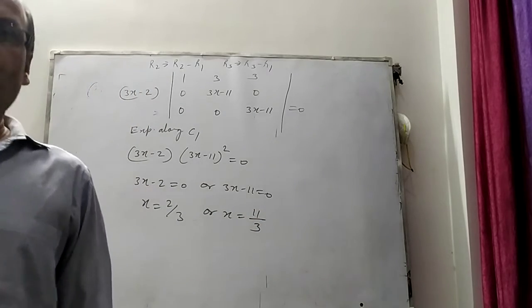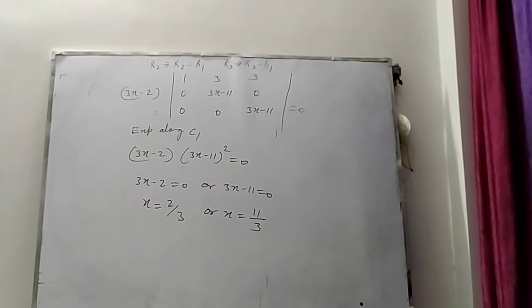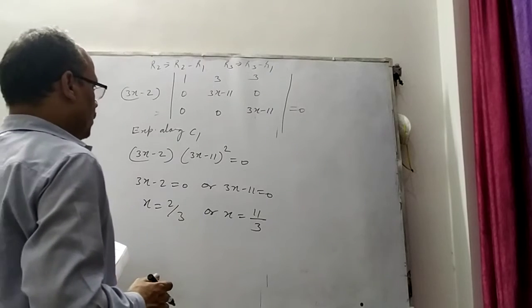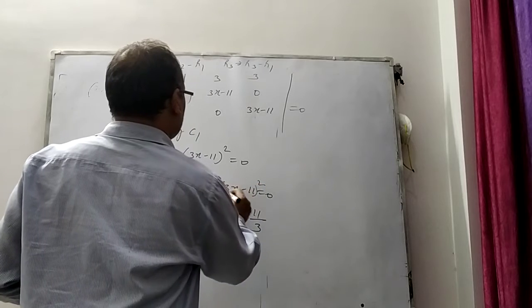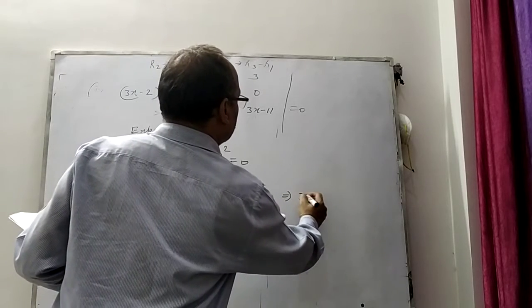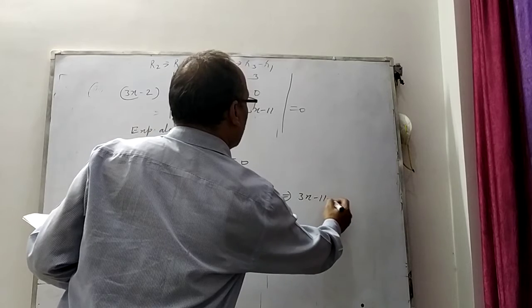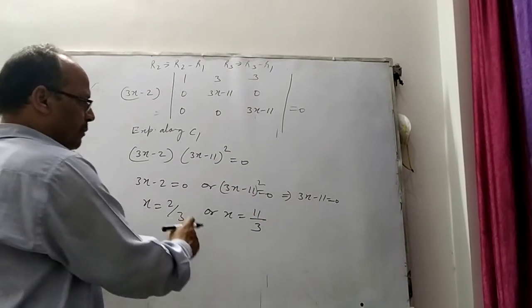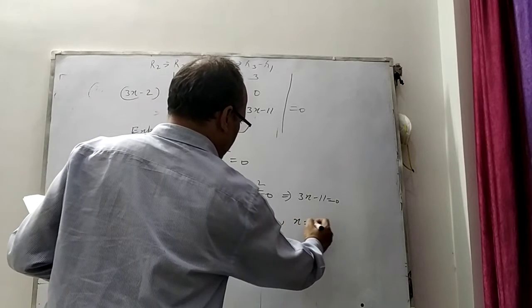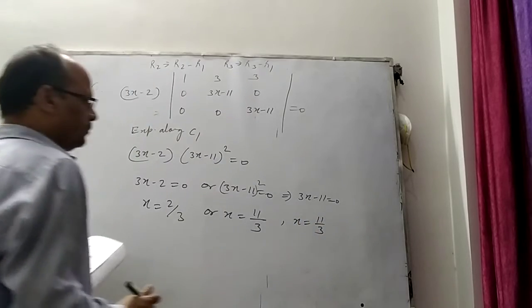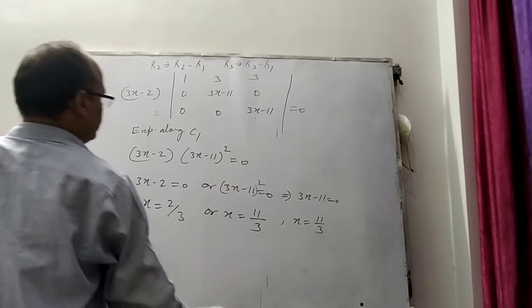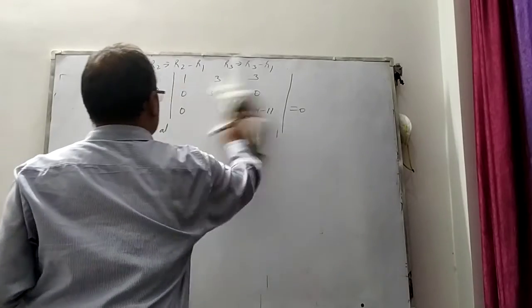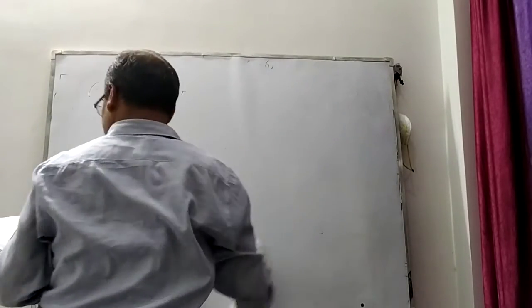I suppose it is clear to you. (3x minus 11) whole square equal to 0, then you can write 3x minus 11 equal to 0. Here the square is given, so there will be two values of x, x equal to 11 by 3. Clear?